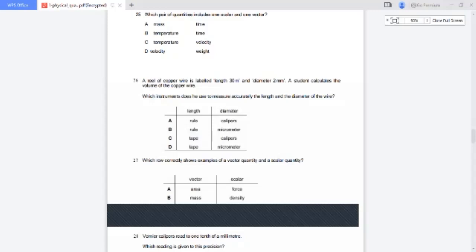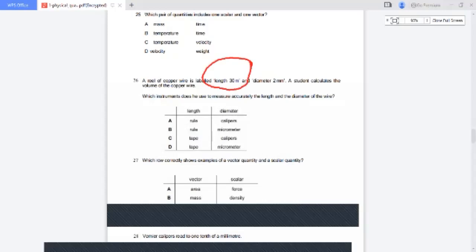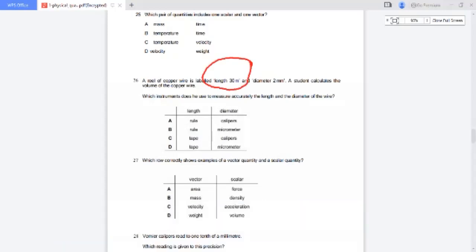Length is 30 meters long, so the better option is to use measuring tape. So these two options look fine. And the diameter is only 2 millimeters, so micrometer is a better option. So micrometer is here and here. So the correct option would be this.